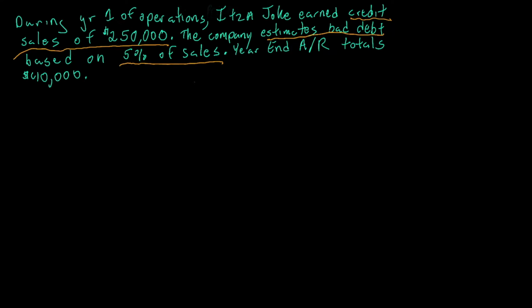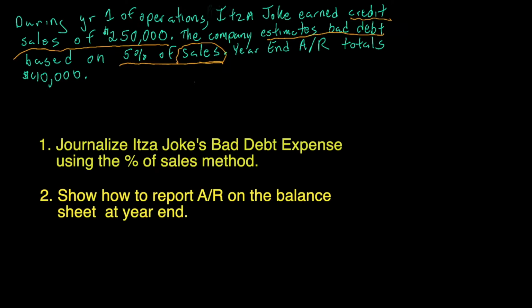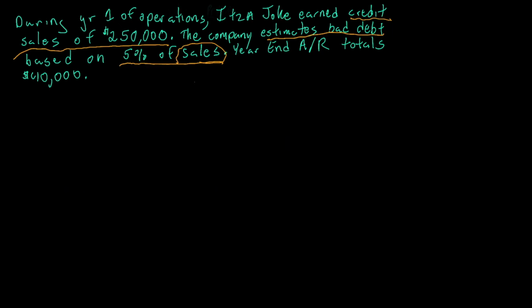Keyword, estimate. We also know which method we are practicing: percentage of sales. It tells us right here, 5% of sales. In this particular problem, they would like us to one, journalize the bad debt expense using the percentage of sales method, and two, show how to report accounts receivable on the balance sheet at year end.